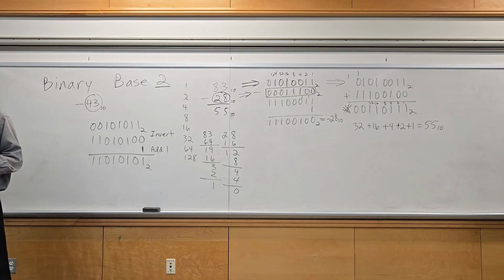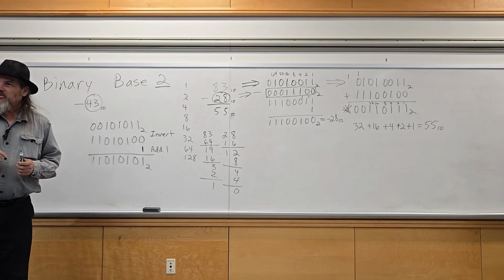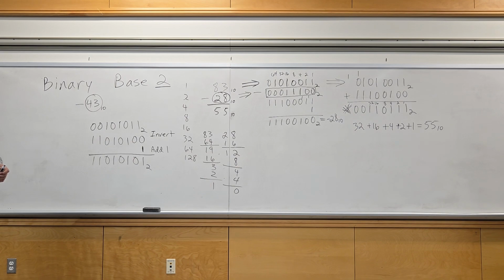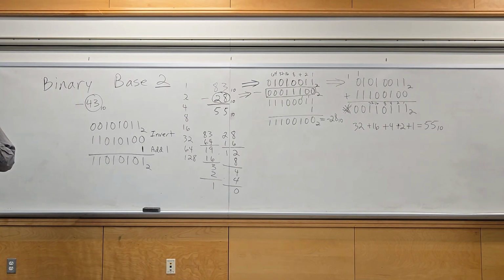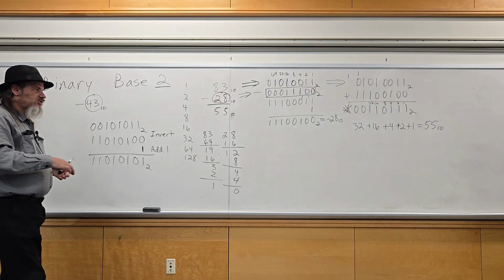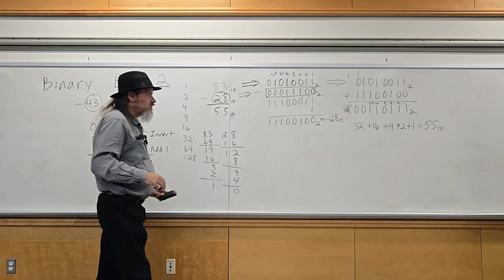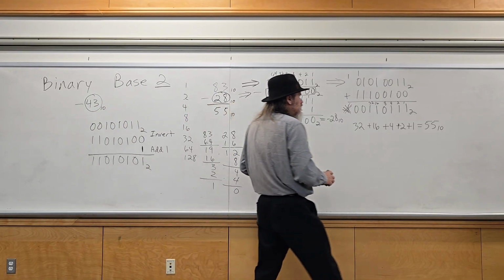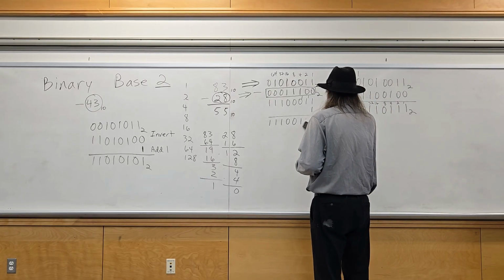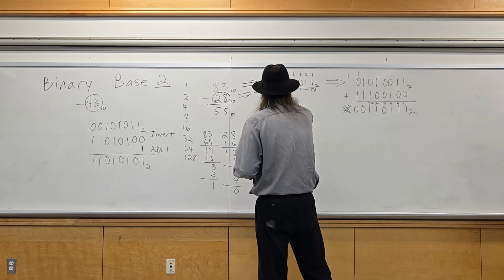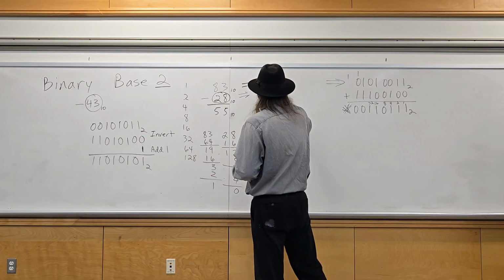Now we're going to tackle multiplication. Just real quickly, we'll get into how multiplication is done in hardware later on in the semester, but I just want to show you how binary multiplication works the same as decimal multiplication.